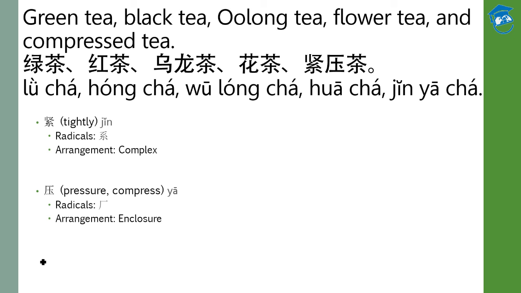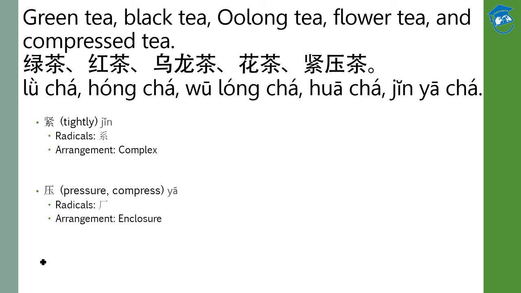Okay, let's look at the whole sentence. It is just a number of tea types. So 绿茶, it shouldn't be any problem for you. As you have learned before, 绿 means green, as in traffic light. You know it as 红绿灯. So 绿 is referring to the green light there.